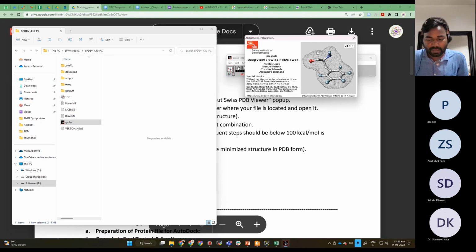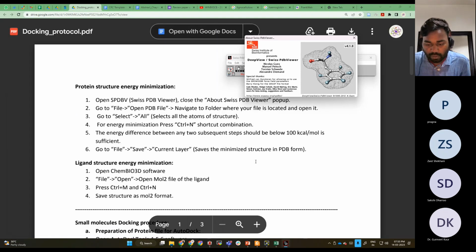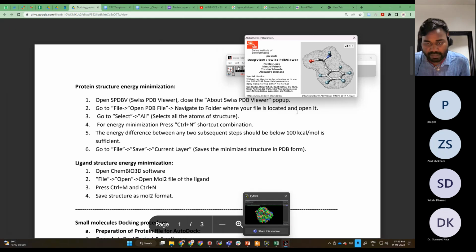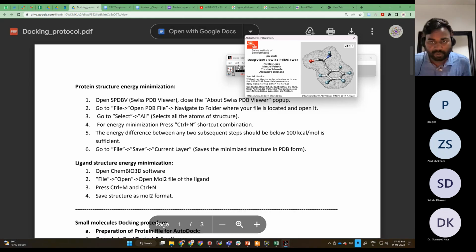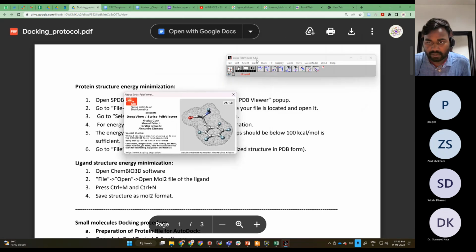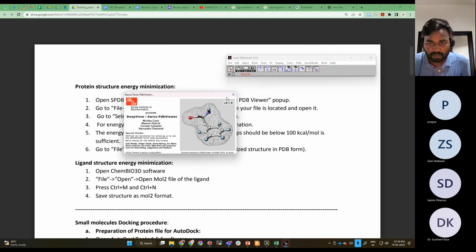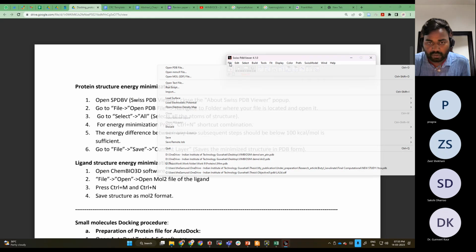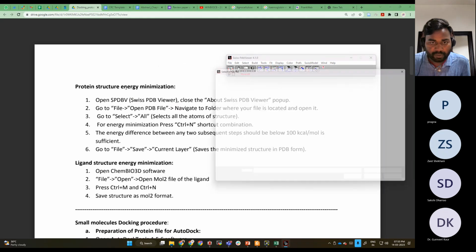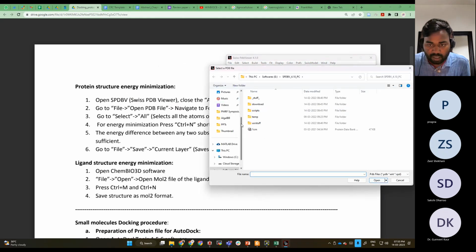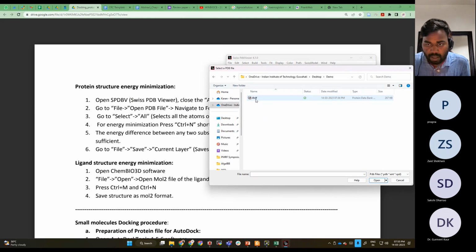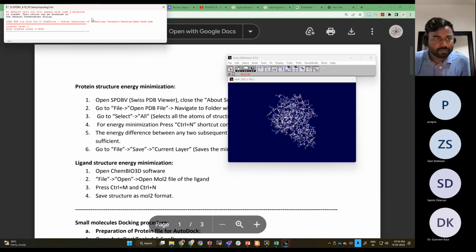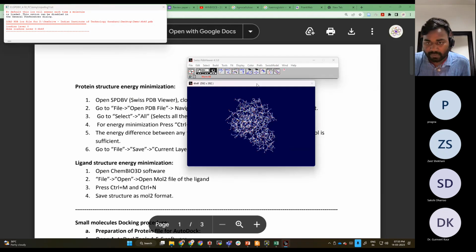So once it is open, you have to open your protein structure and then follow this protocol. It is open now. Now open your PDB file. Our PDB file was saved in desktop demo. Now it is open.